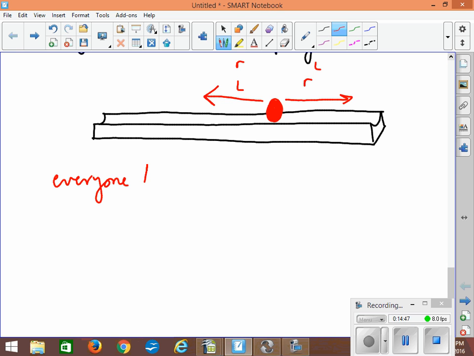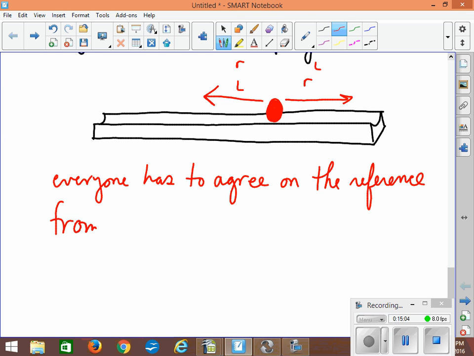Everyone has to agree on what kind of reference frame we're going to use in order for us to discuss the situation. So the reference frame is like setting the stage before you begin to discuss something; you set the stage by determining what kind of reference frame you're going to use.